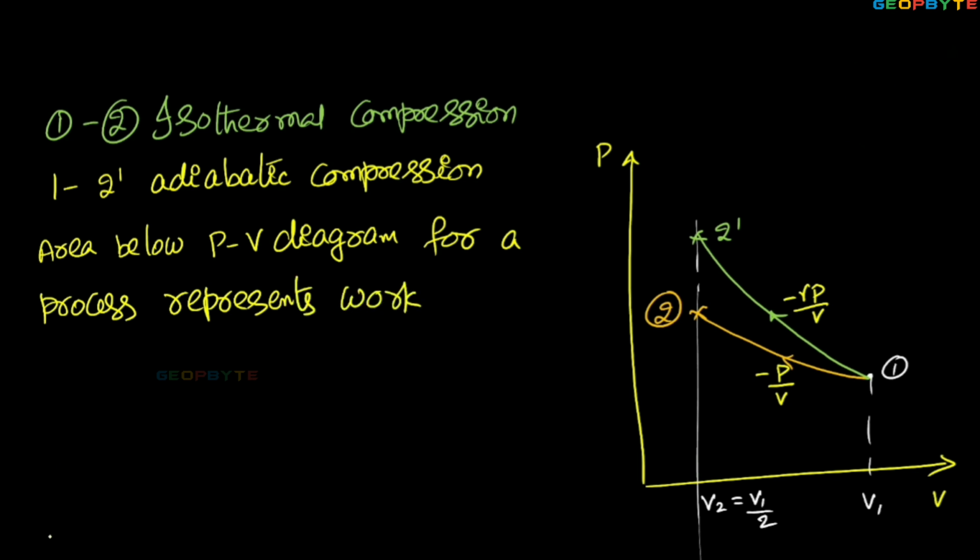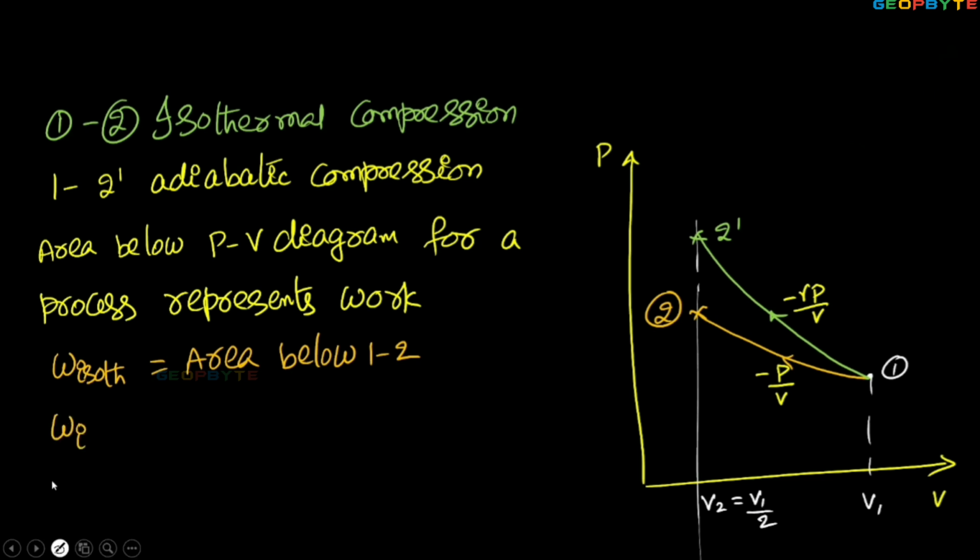Then work required for isothermal compression equals the area below 1 to 2. Whereas work required for adiabatic compression equals the area below 1 to 2 dash. Look at the diagram.